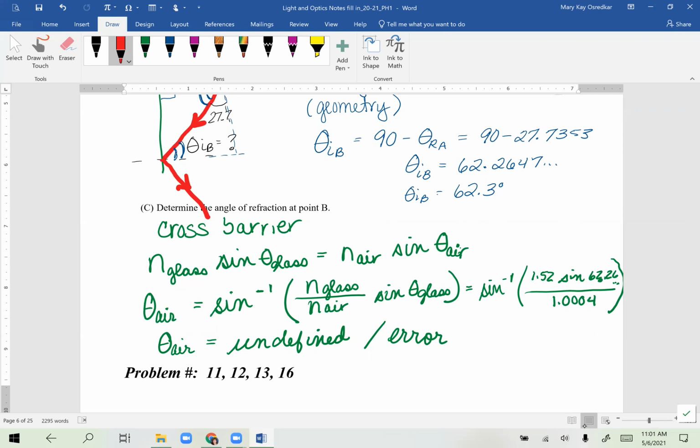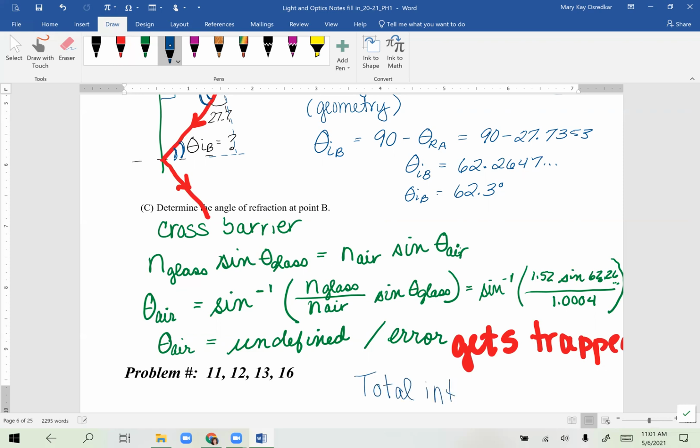Reflection. It's basically getting trapped in the slower material. Okay, it gets trapped, and we call this total internal reflection.